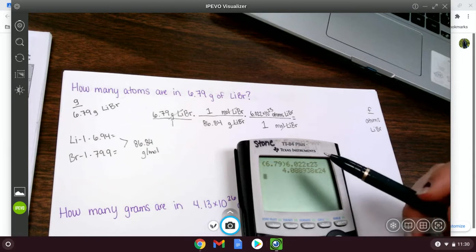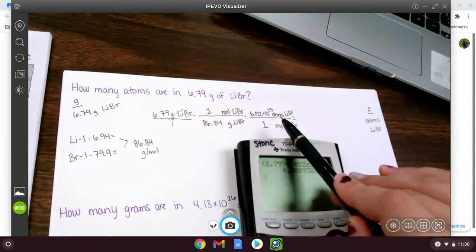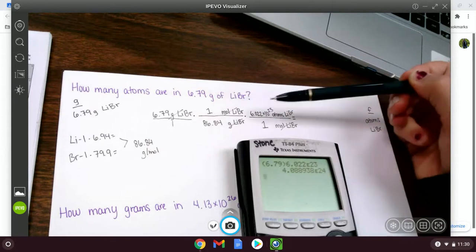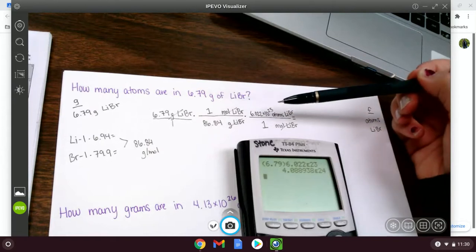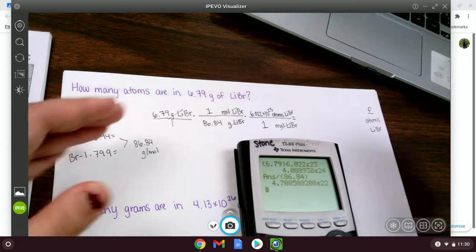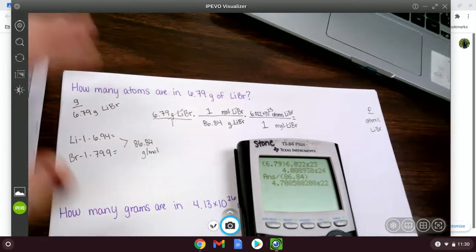Now, if these were not ones on the bottom, I would have to multiply. But it's 1 times 86.84. So I know that it's just 86.84. So now I'm going to hit divide, parentheses, 86.84, close parentheses. Enter. Now my answer is in scientific notation.